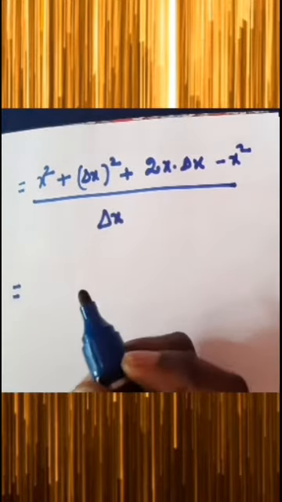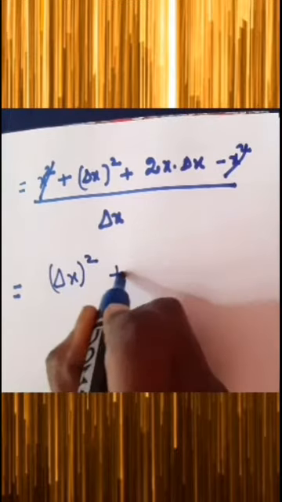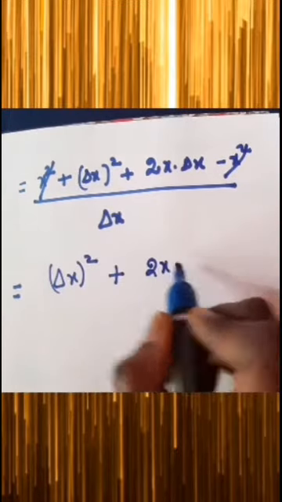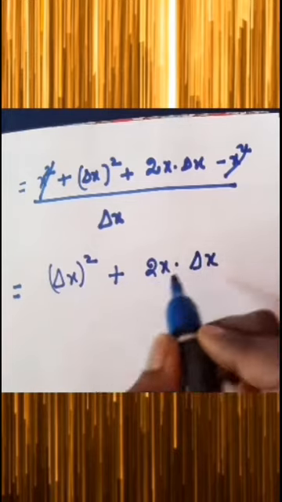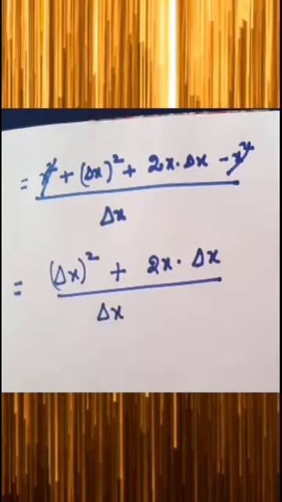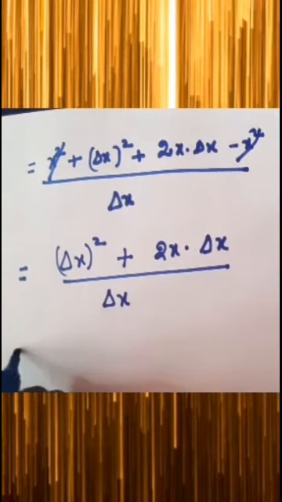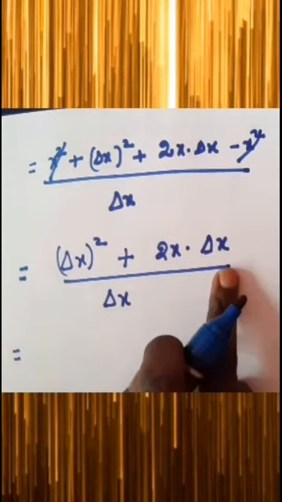Correct. Now like terms we can add, we can subtract. Minus x square plus x square will get cancelled. So what is remaining? Delta x the whole square plus 2x into delta x, divided by delta x. Now compare the two. Delta x is common.